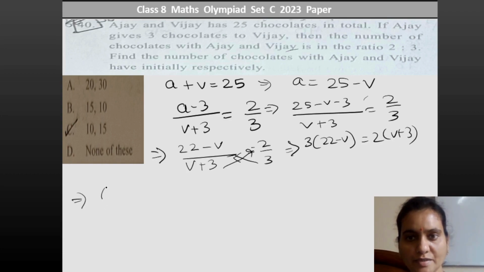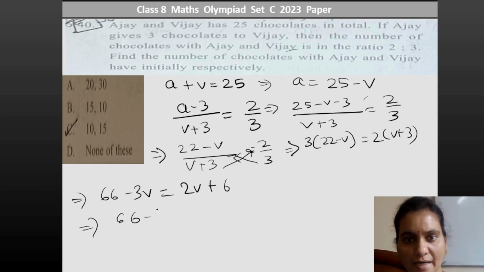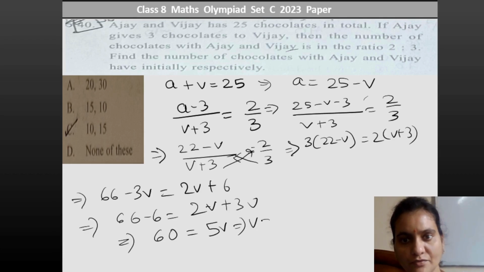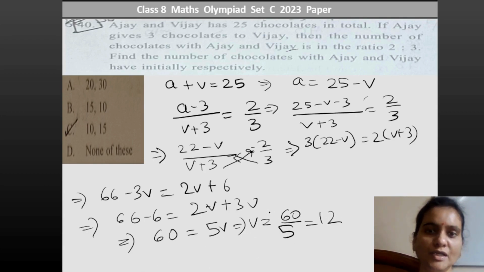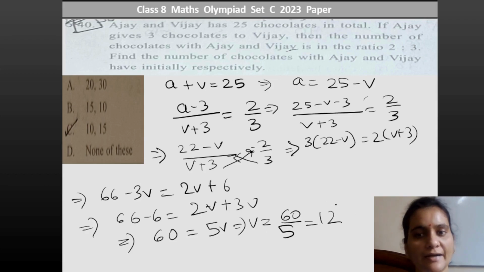So it will become 66 minus 3V is equal to 2V plus 6. So 66 minus 6 is equal to 2V plus 3V. So it is actually how much? 60 is equal to 5V, or in other words, V is equal to 60 by 5, which will be equal to 12. So initially the chocolates Vijay had was 12.